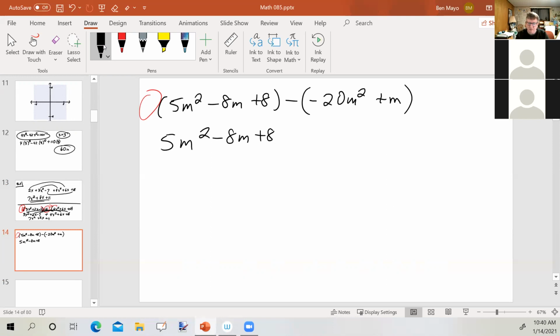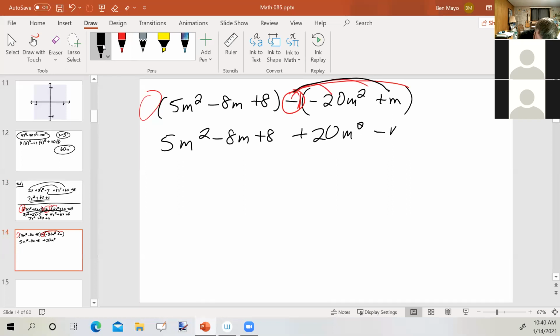This is where things get different. If we have a subtraction sign in front of a polynomial, we need to distribute that subtraction sign. It's like taking -1 times everything inside. And what that does is changes the sign of each term inside. So we get plus 20m squared and then minus m.